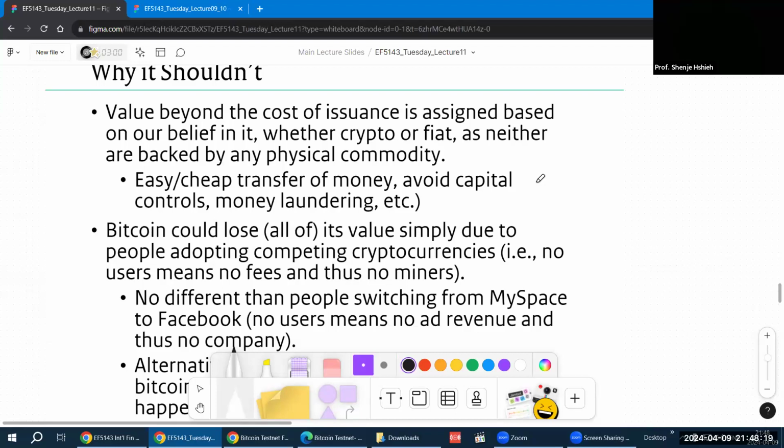People can easily switch from one blockchain to the other. In fact, there are many spin-offs on Bitcoin. If you've been following Bitcoin, there's Bitcoin Cash, Bitcoin Core, Bitcoin Gold, all these variations on Bitcoin. They're just spin-offs, but for some reason or the other, they all have value because people transact on it. People stop transacting on it, that's when it loses its value.